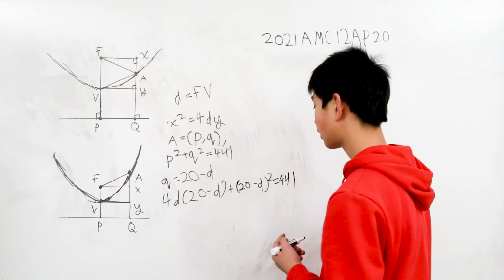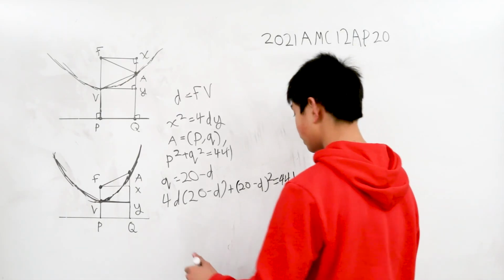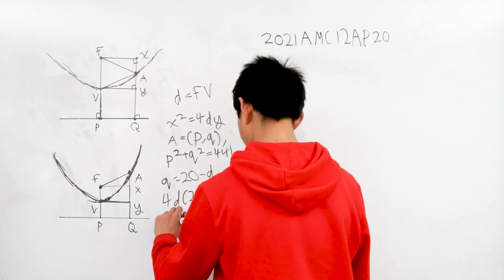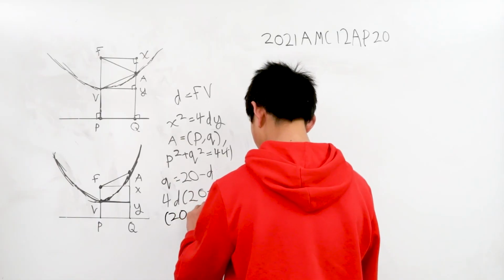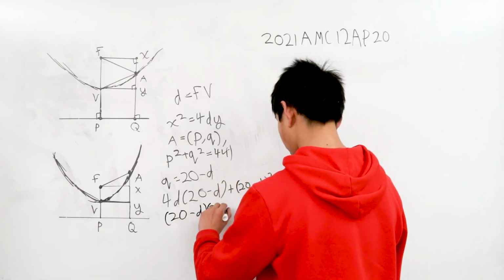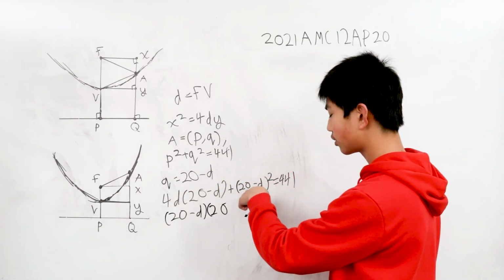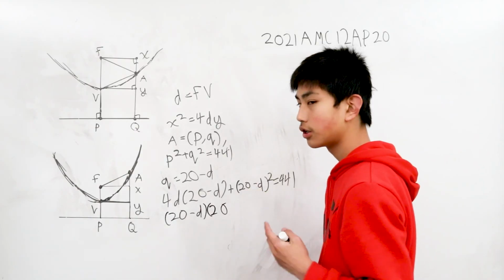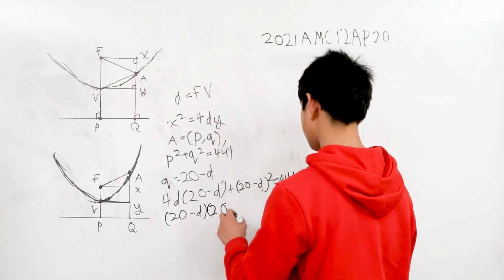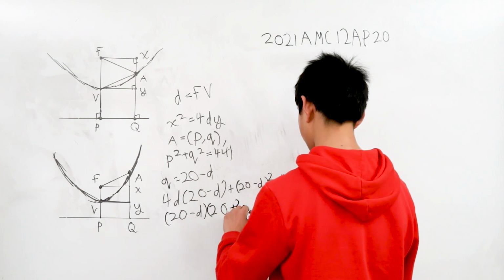We can then factor out the 20 minus d, so this becomes (20 minus d) times (20 plus 3d).